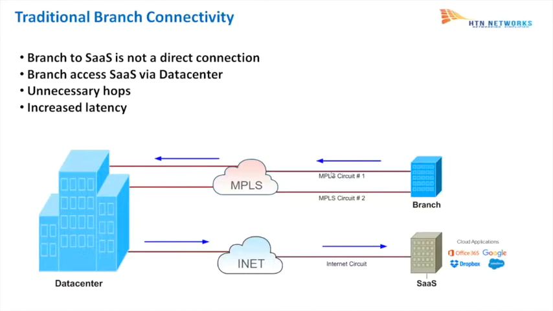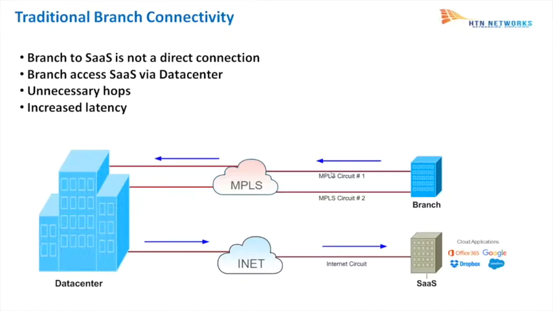It also puts a burden on the central internet circuit going from the data center to the SaaS cloud. If you have hundreds of branch offices, every branch is connecting to the data center, and then from the data center going out to the SaaS cloud. So it is consuming a lot of bandwidth from the internet circuit at the data center, and it's also creating latency and unnecessary hops.